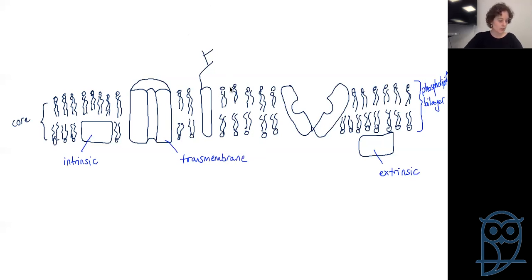Now let's put some more things in. This one here is a channel protein. And this one here is a carrier protein.